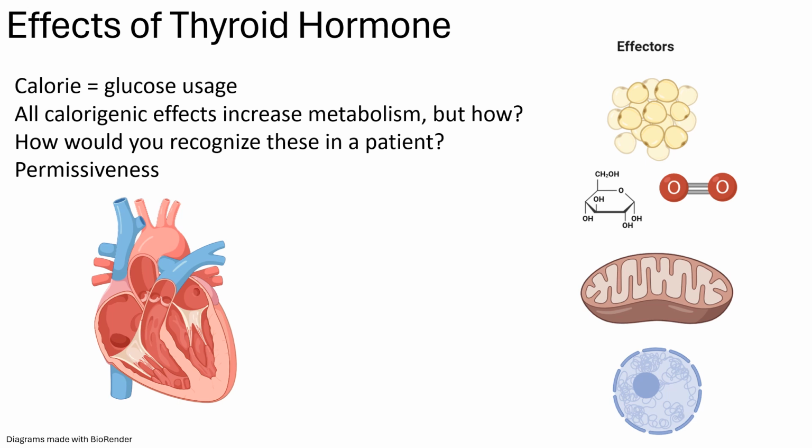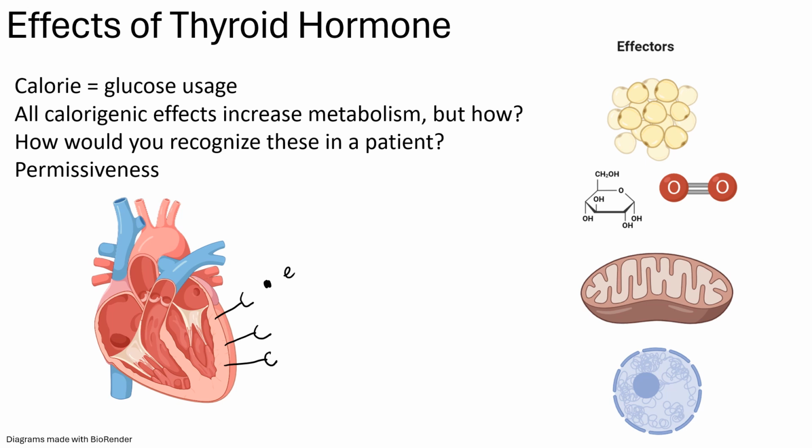make more ATP. Thyroid hormone also exhibits something called a permissive effect, or permissiveness. What this means is that the thyroid hormone, only in excess amounts, puts extra receptors into cardiac muscle for epinephrine.